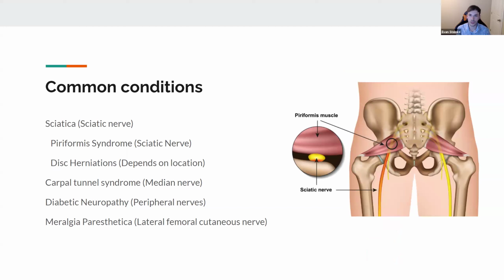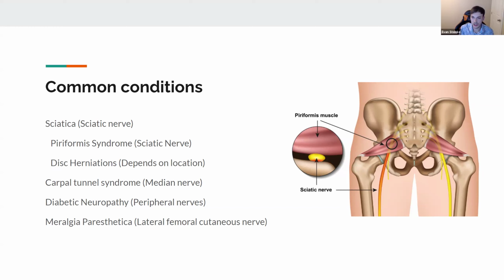And I have a picture of what your piriformis is. It's a muscle that runs right down in the glute region. It runs from your sacrum out to the edge of your hip. And in this zoomed in picture, the muscle can basically squeeze that nerve right up against the bone. In some cases, the nerve actually goes right through the muscle belly itself.